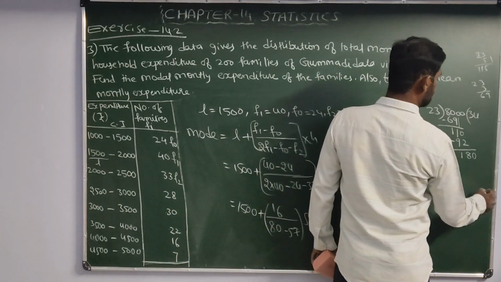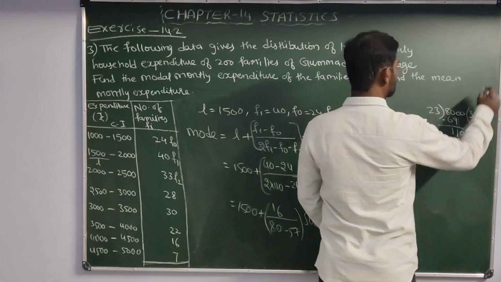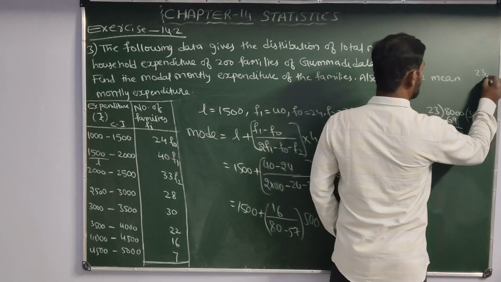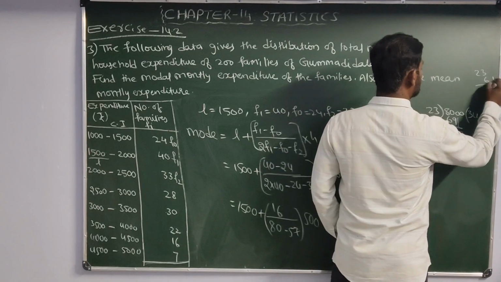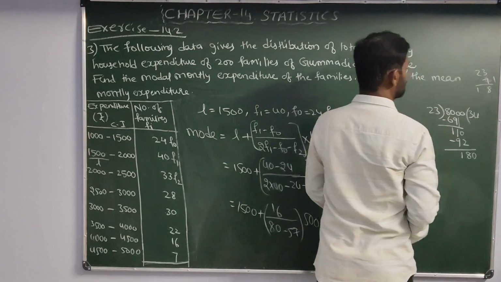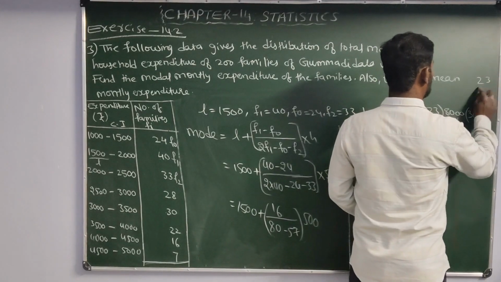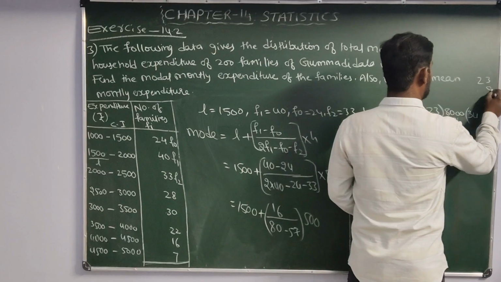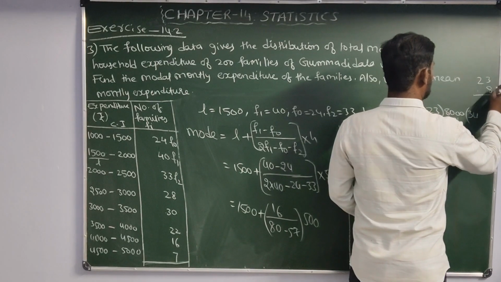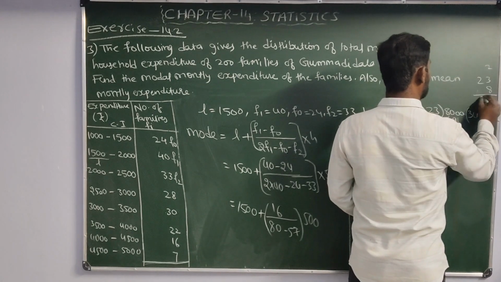Next 23, 6 threes are 18 1, 6 twos are 12 plus 1, 13. 7 threes are 21, 7 twos are 14 plus 2, 16. 8 threes are 24, 8 twos are 16 plus 2, 18.